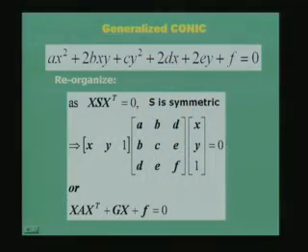As I look back, if you eliminate this 2 here, that means do not use 2 in these 3 terms, that means use just bxy, dx and ey, you can still reorganize in this form and come up with a symmetric matrix again, but you will have a b by 2 at these 2 places, a d by 2 in these 2, and in this you will have an e by 2.